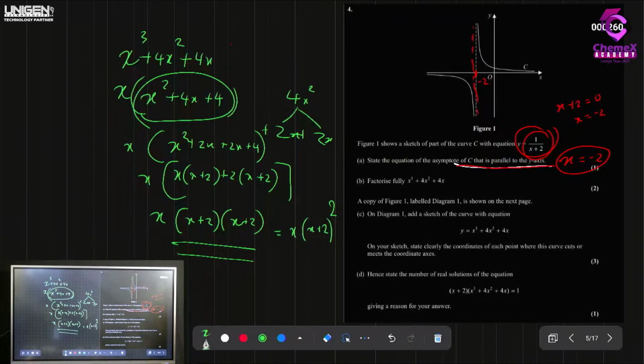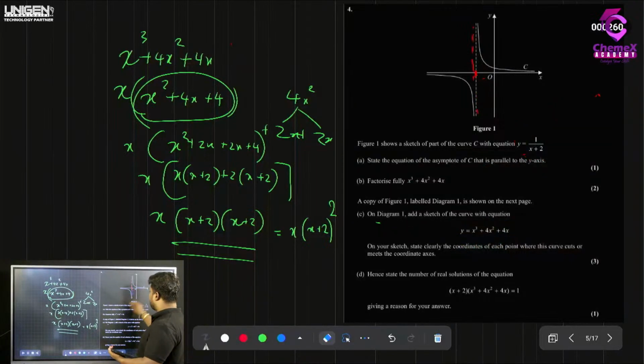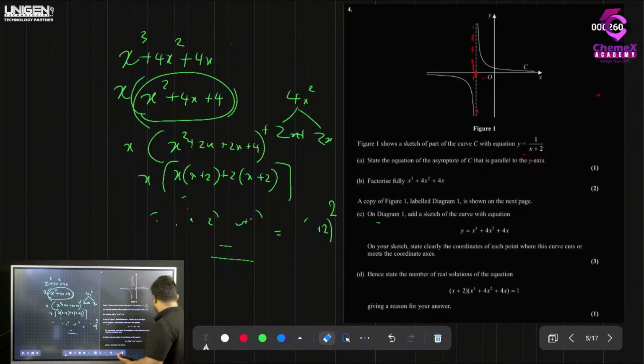No, sir. Okay. On the diagram, show adding a sketch y equals this. So how do you do that? So I'll just clear this diagram up. Yeah, I think it's in the next page.